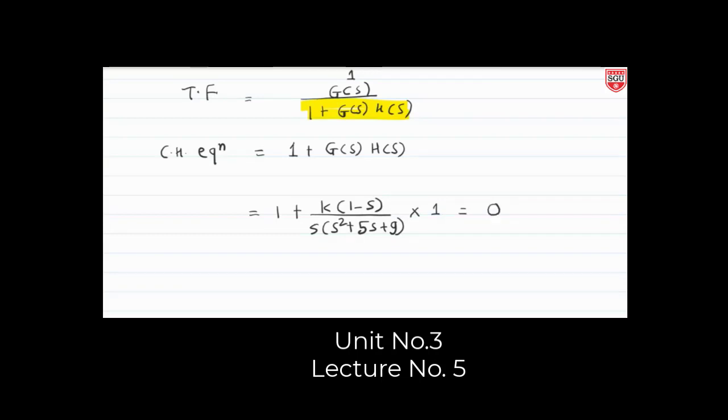So 1 plus G of s H of s is equal to 0. This is our characteristic equation.